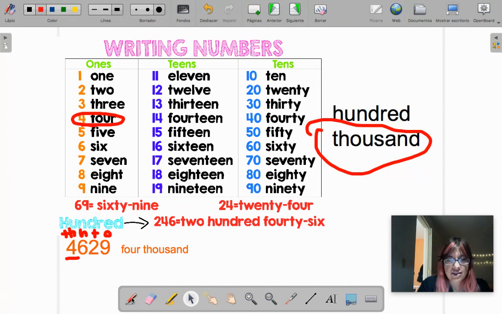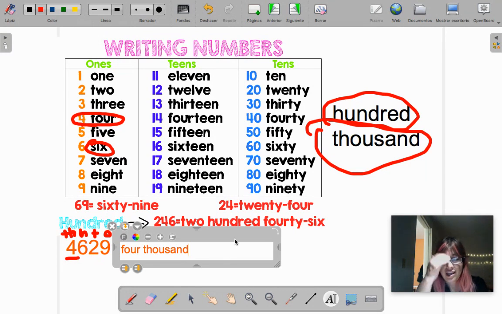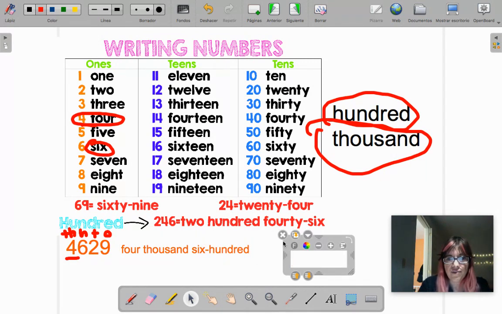Then what's next? We already said 4,000. Then we say 4,600 because it's in the hundreds. So that means now we go here and copy the word for the 6, and now we copy the word hundred. So let's go and do it. Four thousand six hundred. Then we have 20.